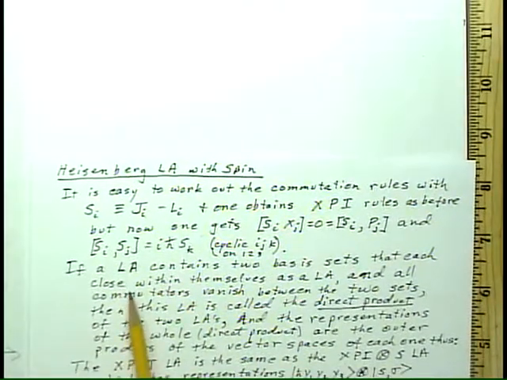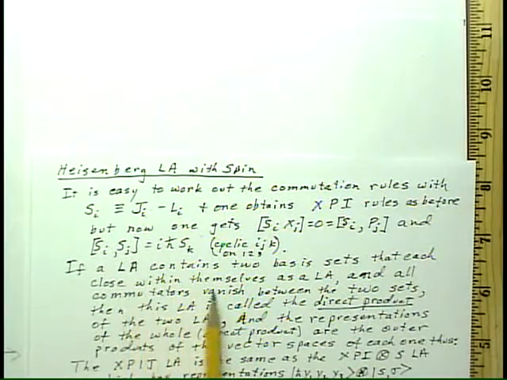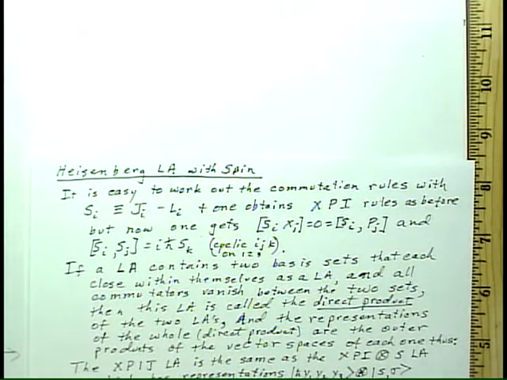So, if a Lie algebra contains 2 basis sets that each close among themselves as a Lie algebra, and all commutators vanish between the 2 sets, then this Lie algebra is called the direct product of the 2 Lie algebras. And the representations of the whole are the outer products of the vector spaces of each one separately.